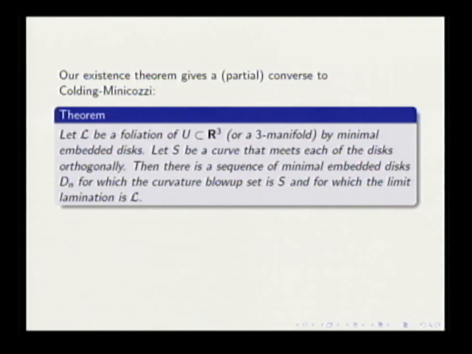So in other words, any picture which is consistent with what they describe when the limit is a foliation actually does occur. So you can't say any more about that than what they already said.